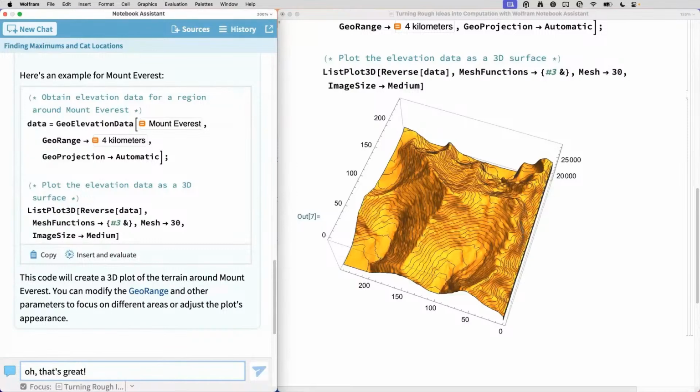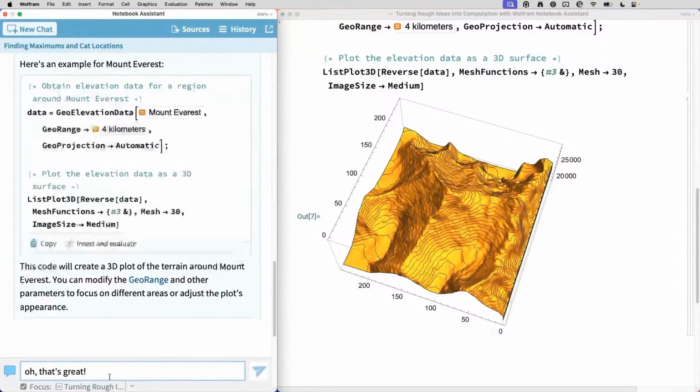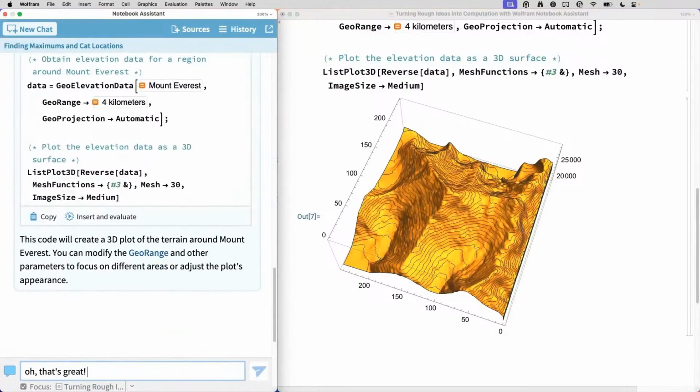And generally in the training data, when you have somebody politely asking a question or having a conversation, the responses to somebody being polite tend to be a little bit better. So let's say, oh, that's great. Could you make it so the color of the plot depends on the height?